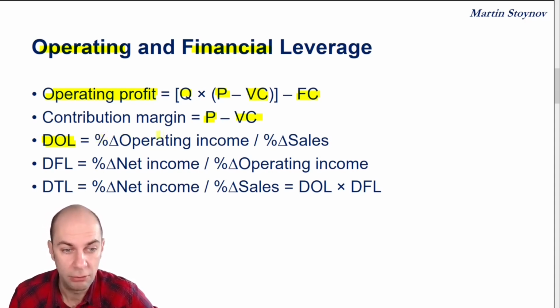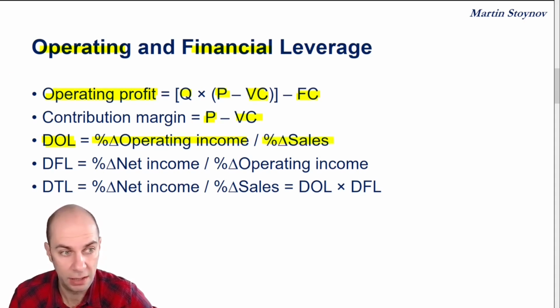Now, mathematically, we can measure the degree to which you're operatingly levered by taking the percentage change in your operating income, so that's essentially the percentage change in your EBIT, and divide that by the percentage change in your sales.